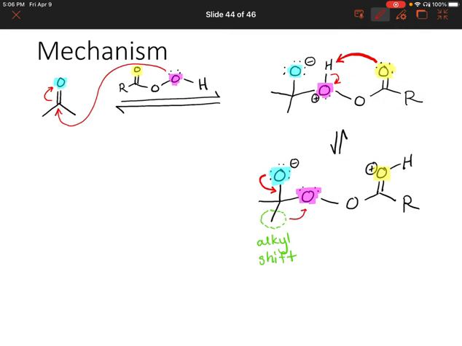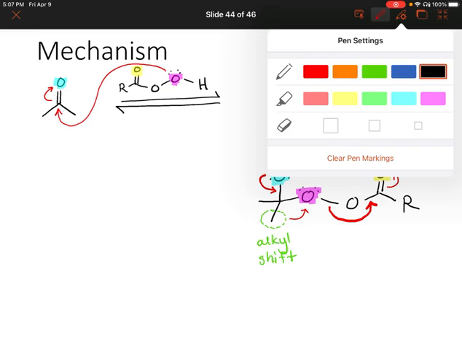So that's going to move over to our purple oxygen. And when that happens, the shared electrons between the two oxygen atoms in the middle are going to move over to create a double bond. And then electrons in our double bond to the yellow oxygen will move up to the yellow oxygen. So a lot happens in this step. It's kind of complex.